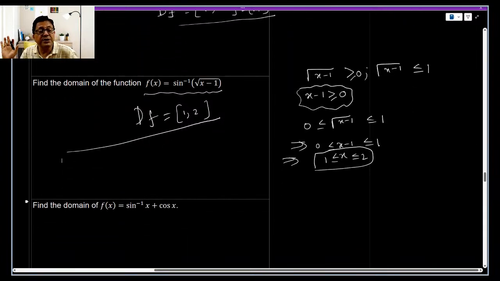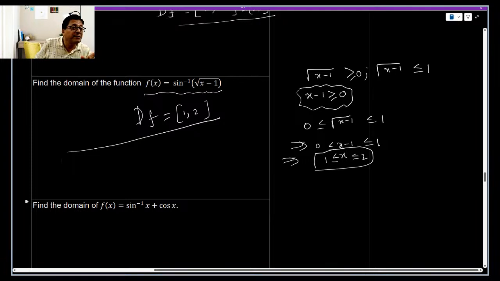Let us go for this one. Sine inverse x plus cos x. These kinds of things are always important because this can arise in the CBSE board paper, because both are familiar to you.